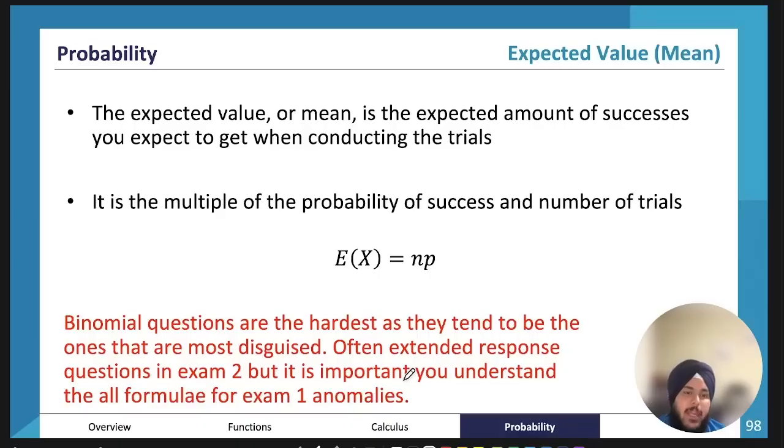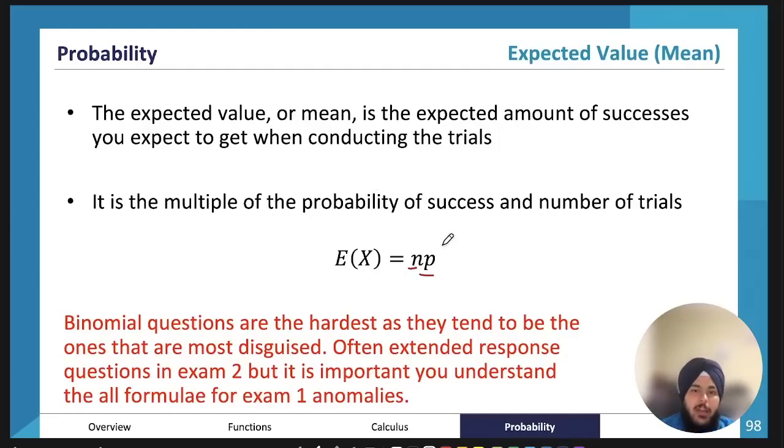So the mean of a binomial distribution is essentially just the number of trials multiplied by the probability of success, which makes sense, because the expected number of successes is going to depend on the number of trials that we're running.